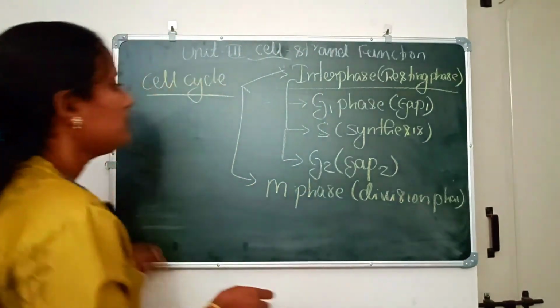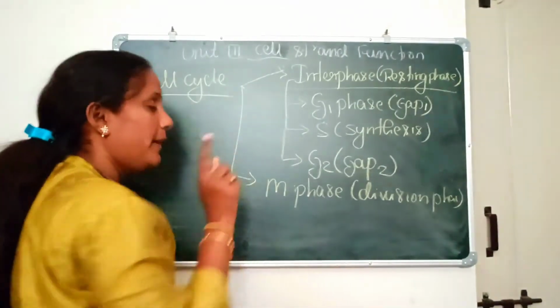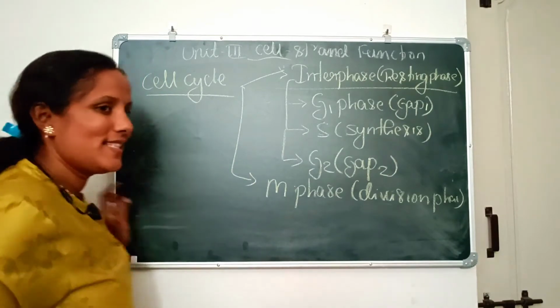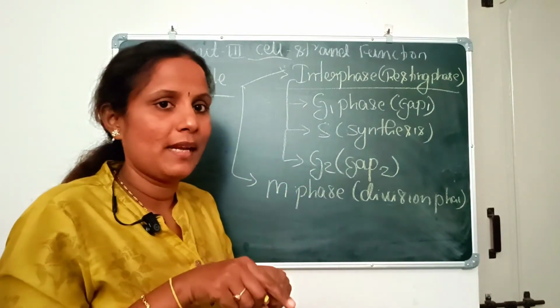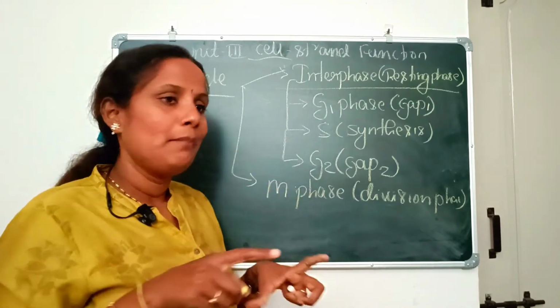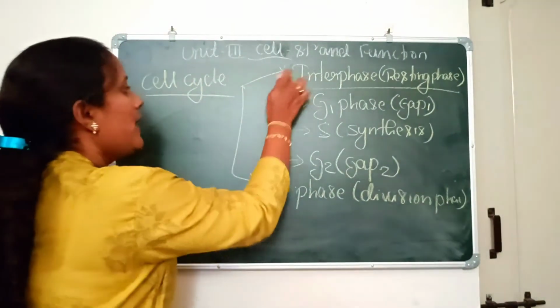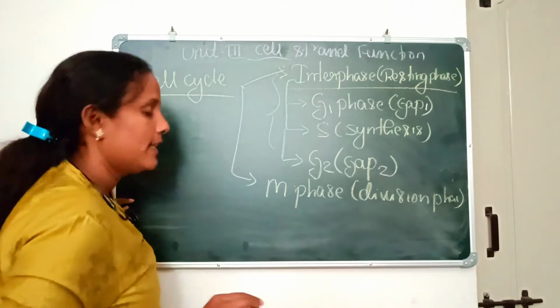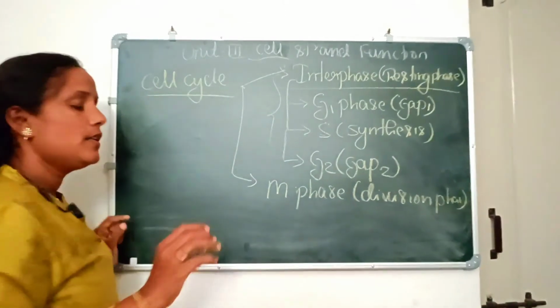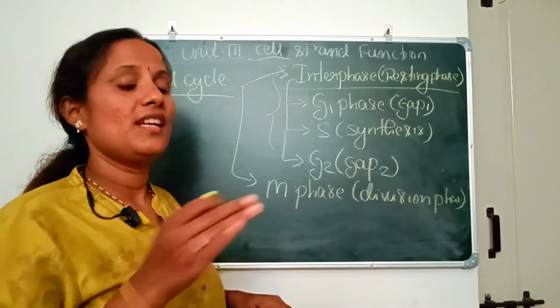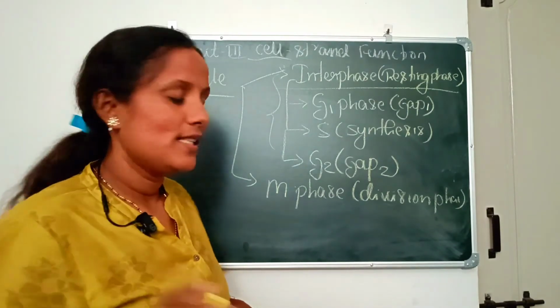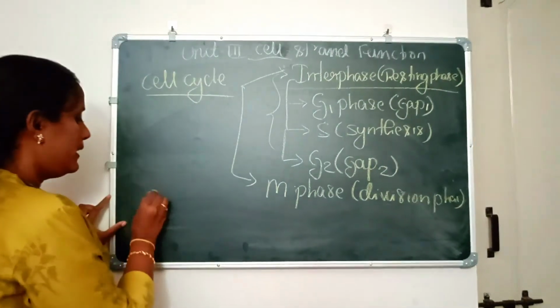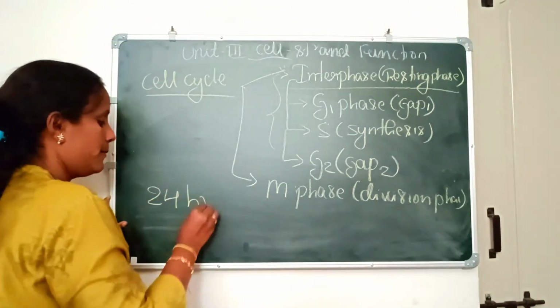But the cell will spend more of its time, that is, the cell cycle will be having some time, right? That time is majorly made up of the interphase. Say for example, we told that the generation time of a typical human cell or typical eukaryotic cell is 24 hours.